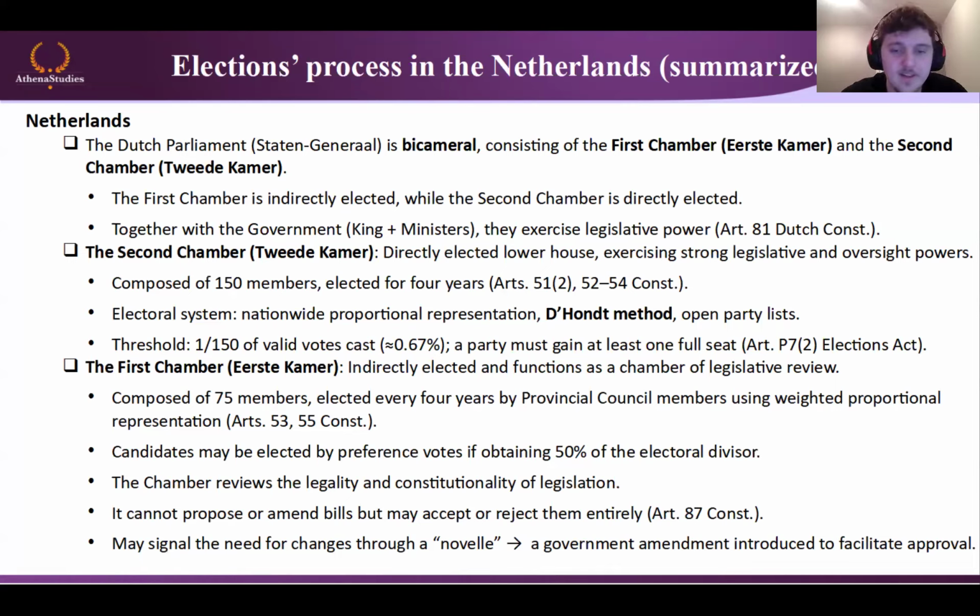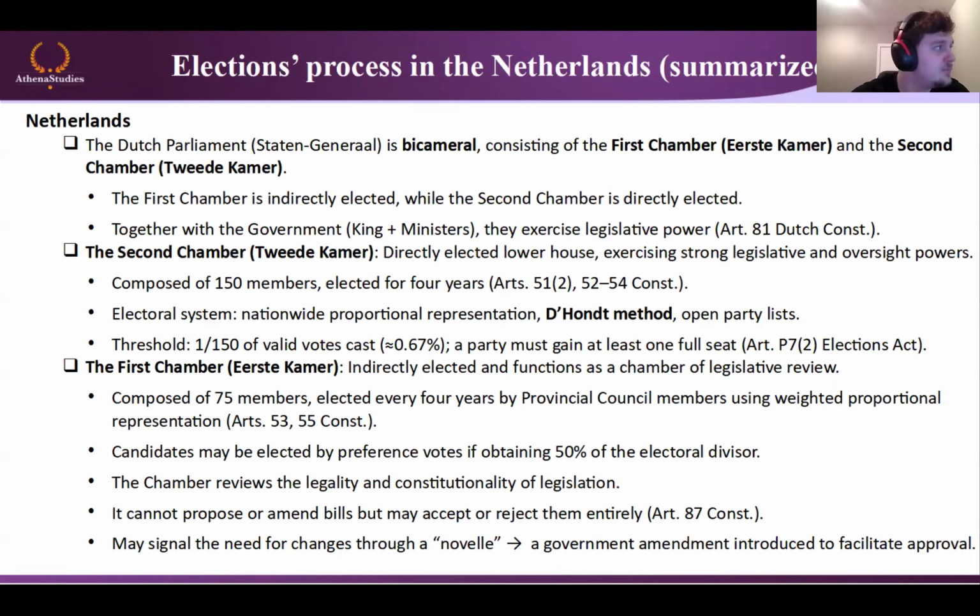The chamber reviews the legality and constitutionality of legislation, and it cannot propose or amend bills, but may accept or reject them entirely. So it's a yes or no function. It may also signal the need for changes through a novelle. So basically a government amendment introduced to facilitate approval.